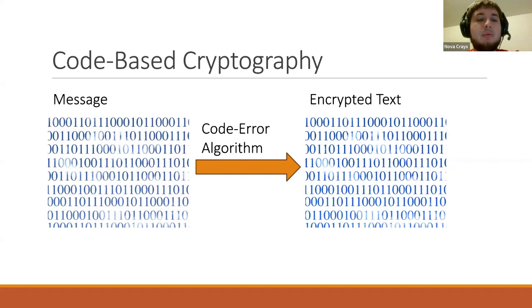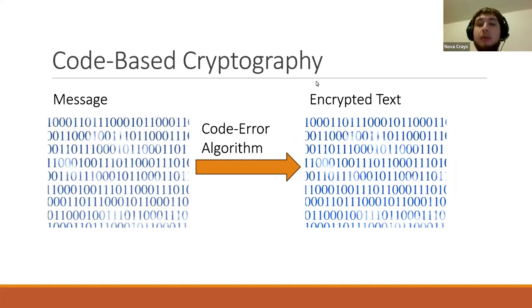The last system that we will be looking at in post-quantum cryptography is code-based cryptography. Now, code-based cryptography is heavily based on the idea of code errors and checksum algorithms. In code-based cryptography, we will take our original message, our plain text, and we will intentionally introduce errors into the message through some code error algorithm.